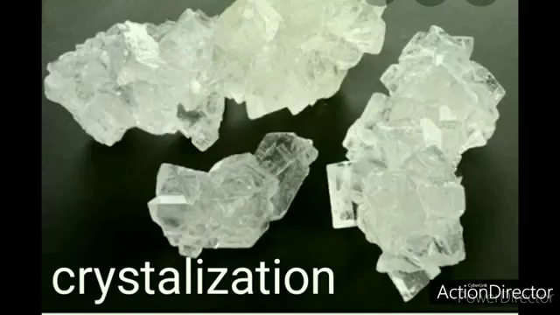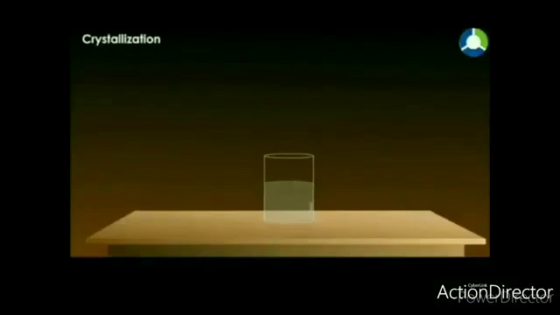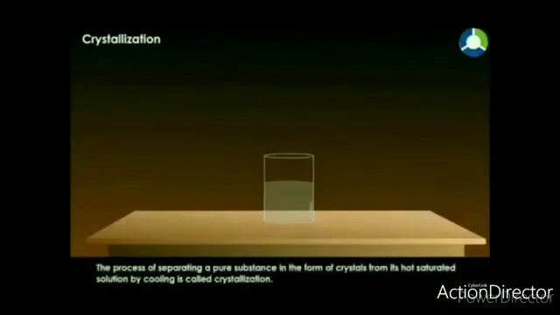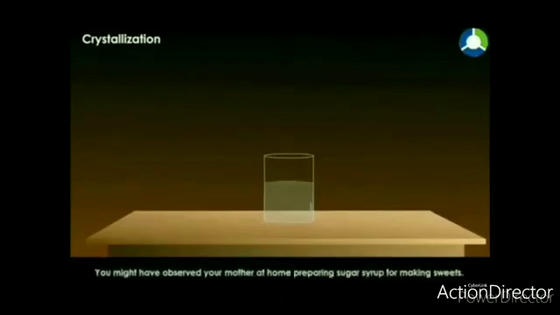Here we will discuss crystallization. This is another process. Crystallization is a process where we can extract the crystal form from a solution. Here we take a mixture of water and sugar. You might have observed your mother at home preparing sugar syrup for making sweets.